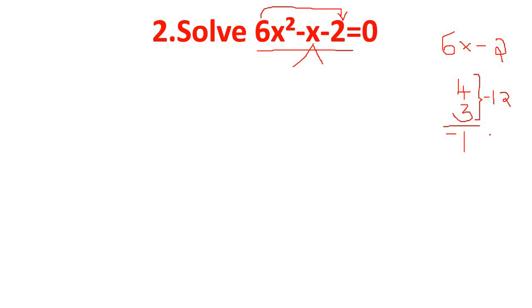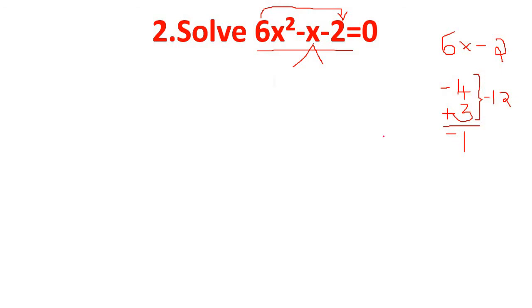So what sign to give for 4 and 3? Let us give minus 4 plus 3. The bigger number is 4, and for this bigger number the sign is minus, so we'll get minus 1.